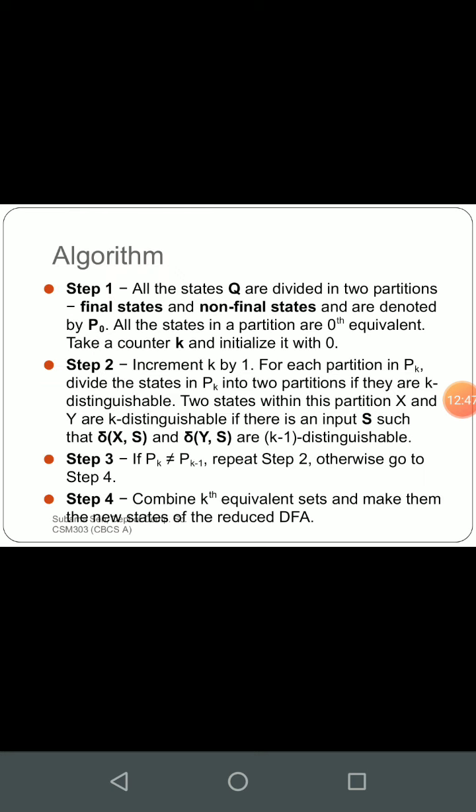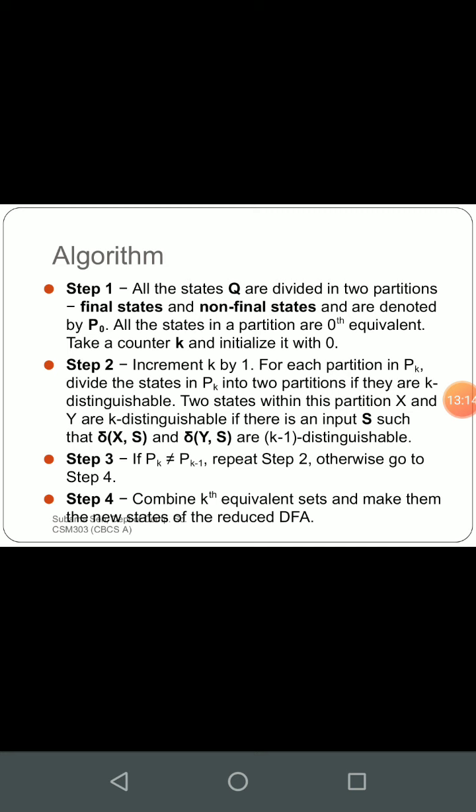Now let us see the algorithm. What will our first step be? Here our first step will be, we will divide the total number of states available into two portions. One is called final states, another is called non-final states. Here we will follow an iterative pattern. We will mark the first stage with P naught. This terminology is very famous because we are partitioning, that's why P is used here.